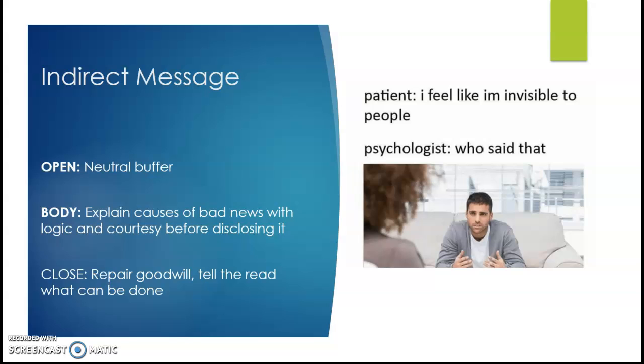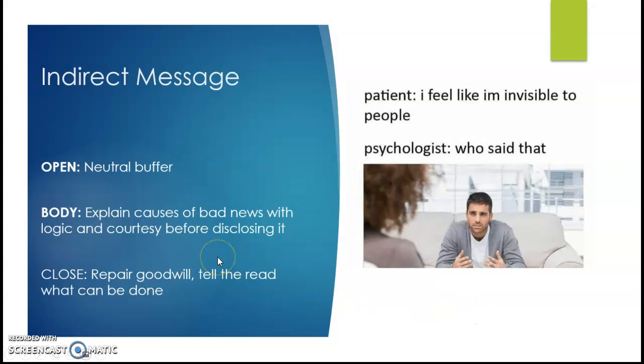Now, if we remember back in using a BIF or a direct strategy, we instantly state our main point. In an indirect strategy, we do not do that. We prepare the reader for the subject matter, but it remains neutral. We're not indicating yes or no. Then in the body, we explain the bad news with logic and reasoning, and of course, courtesy, before disclosing it.